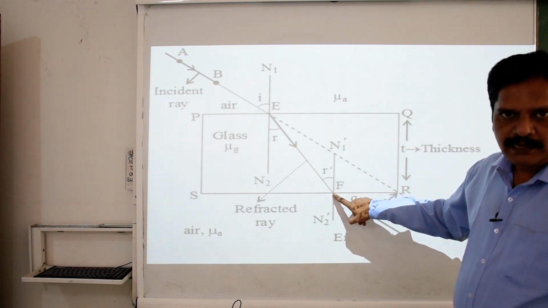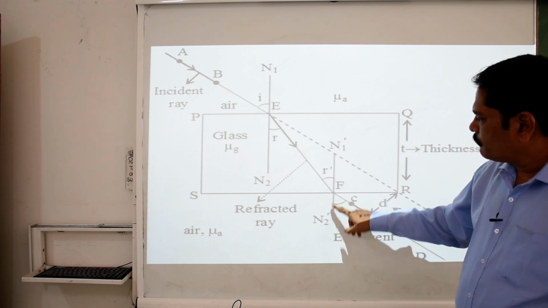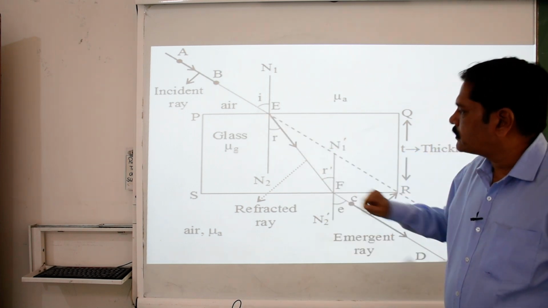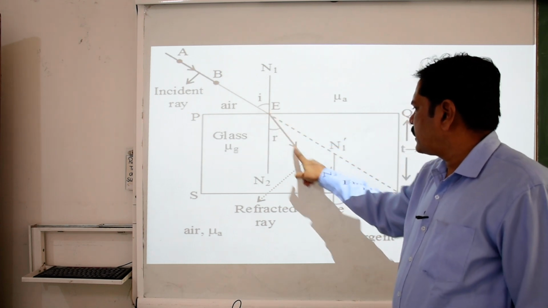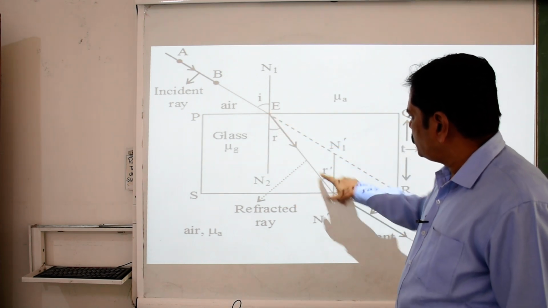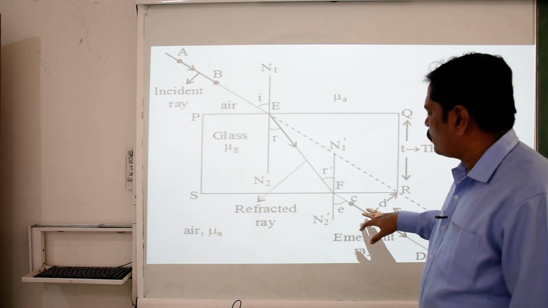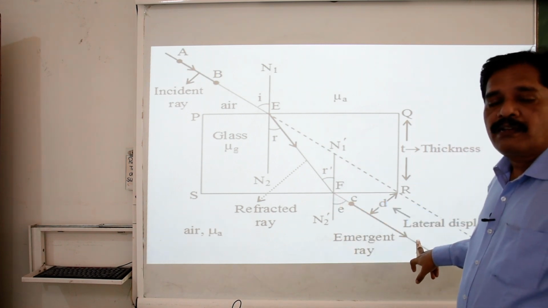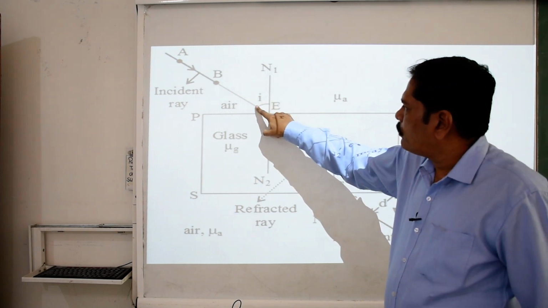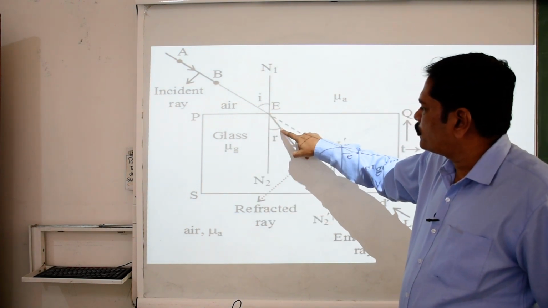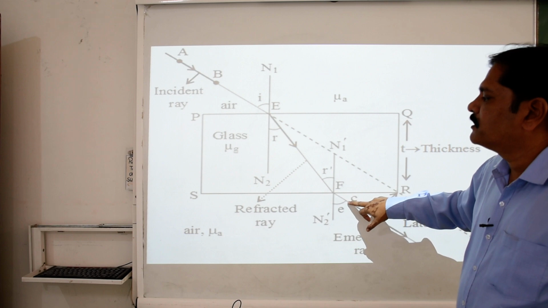This will be the point of incidence. Draw the normal and join these two points. So you will have the incident ray, the refracted ray, and for the second medium, the emergent ray. Here this is the angle of incidence, this is the angle of refraction, and this is the angle of emergence.